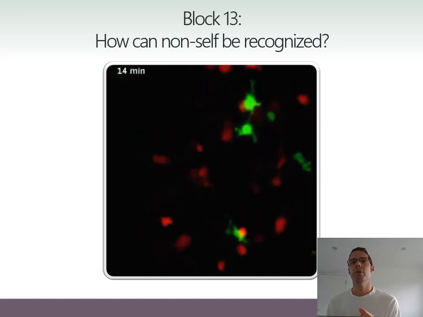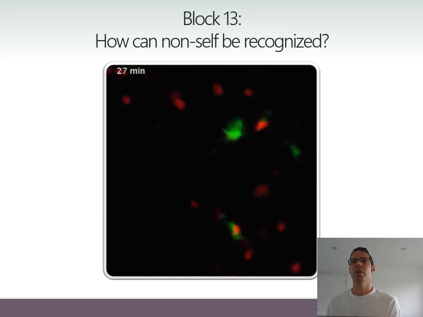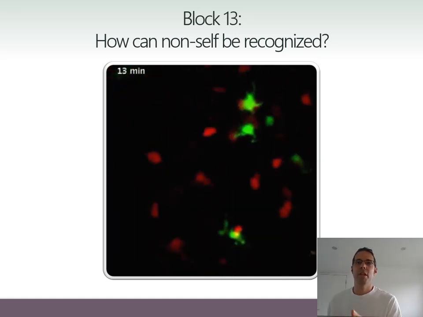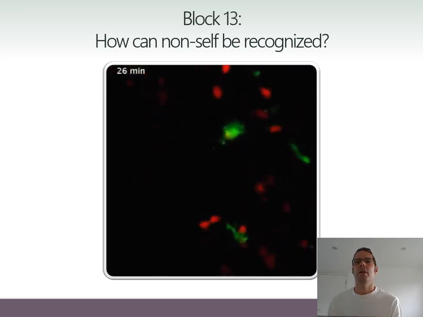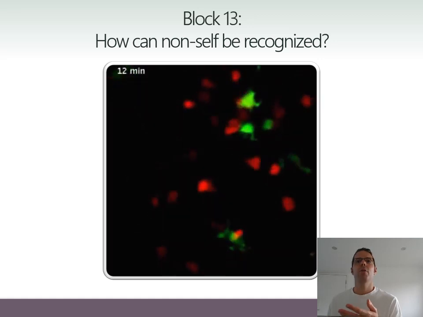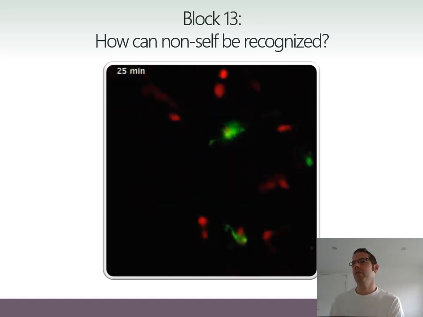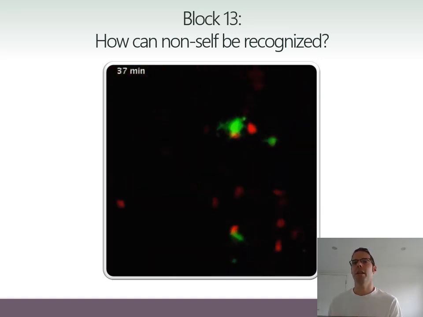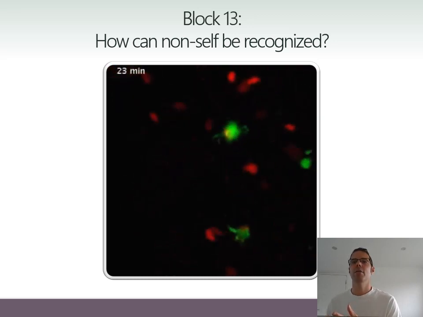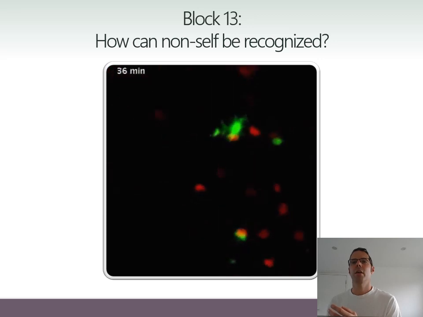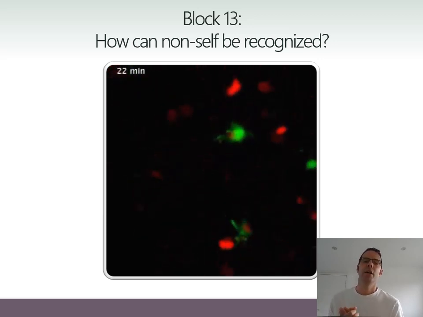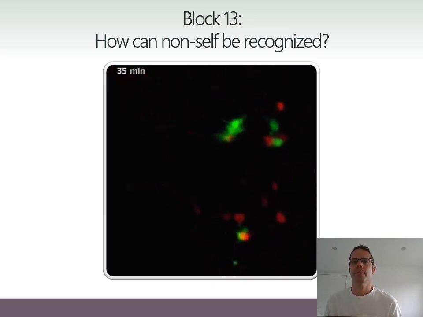But beyond that, if you also tell, there's a lot of darkness in the image, and that's because there are lots and lots, literally thousands of cells that aren't infected. So not only do the T cells have to find the infected cells, they have to make sure they don't find the healthy ones, and that's really the key to this module. Is how does a T cell or any immune cell recognize non-self, foreign, compared to all the cells that are your natural cells.